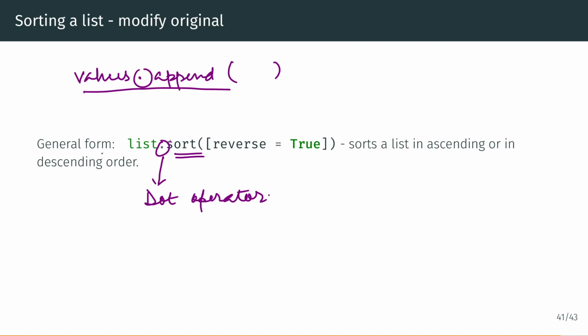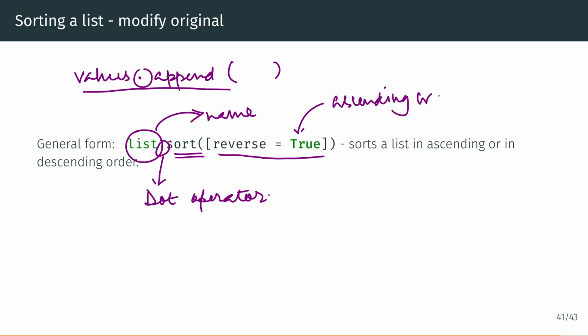In this case, the general form of the sort function uses the dot operator: the name of the list, the dot operator, and the sort function. It then takes an optional argument, reverse equals True. This argument specifies whether the sorting is done in ascending or descending order.